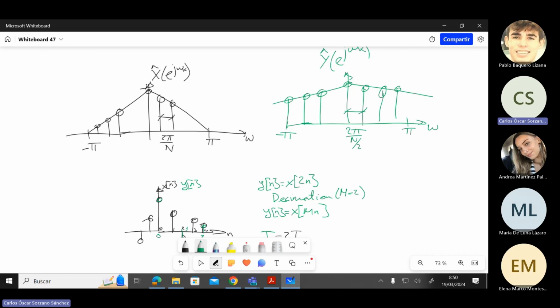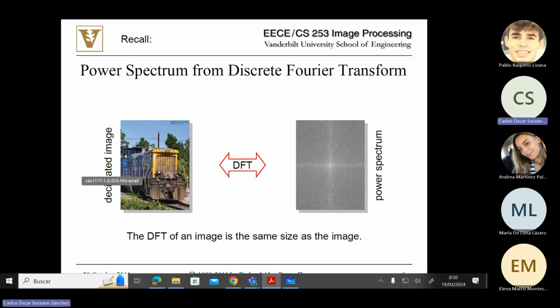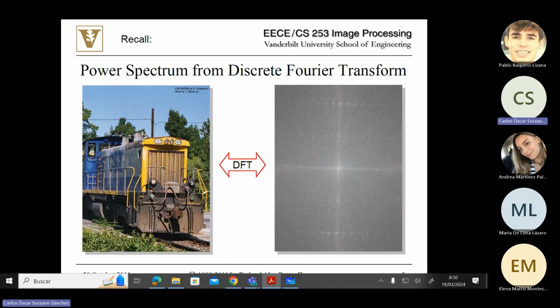So this is what is shown here. So the power spectrum of the original image is this big, where I have n pixels, or R rows, C columns. So you have this size of the power spectrum.